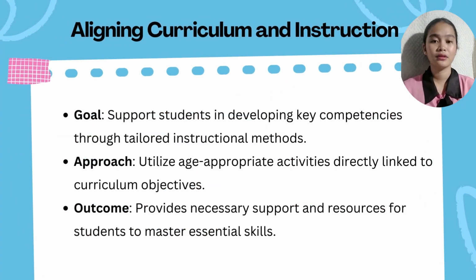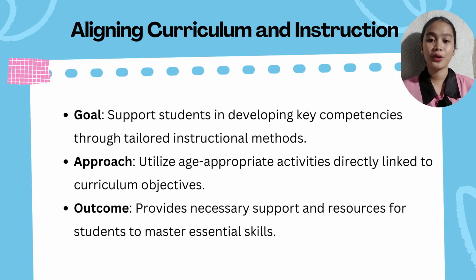First, let's talk about how curriculum and instruction are aligned in CBE. In an elementary classroom, the curriculum outlines key components such as literacy, numeracy, and social emotional skills. Instruction, on the other hand, is designed to help students achieve these competencies through age appropriate strategies.